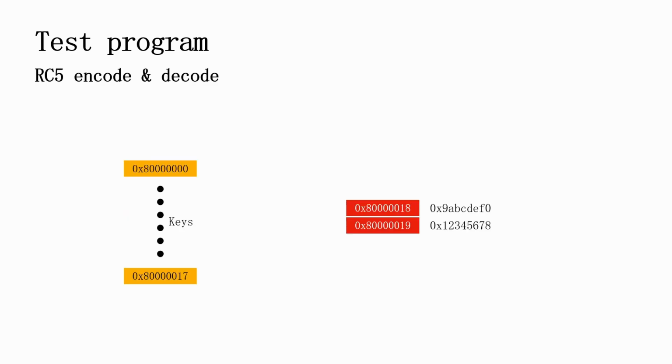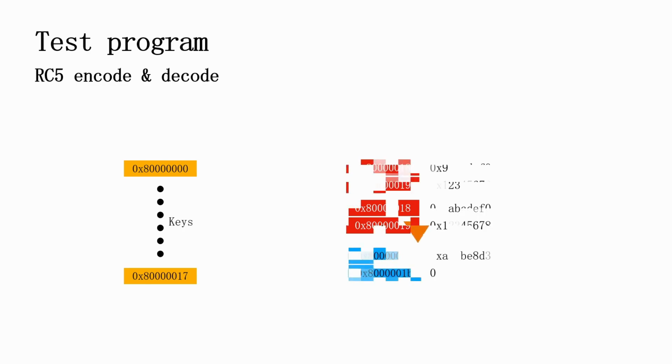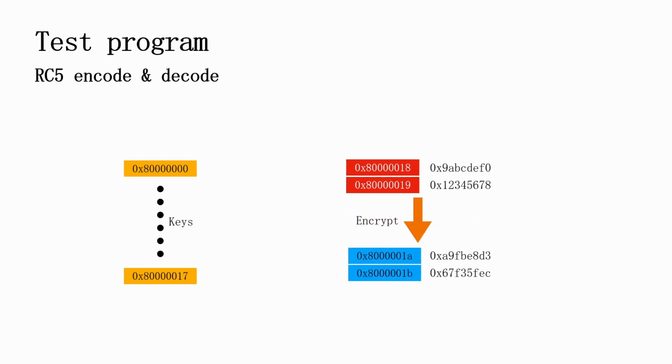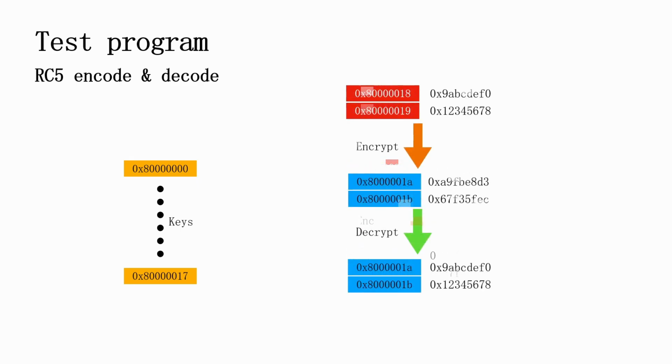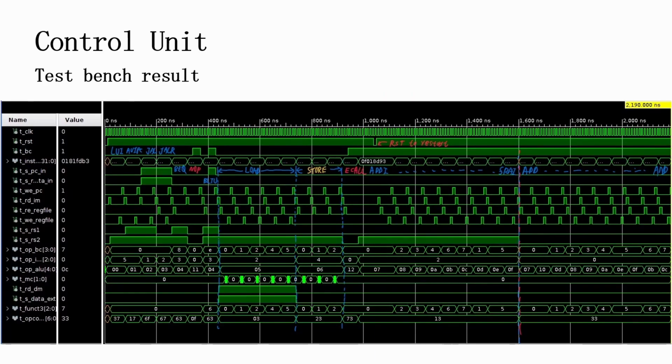We store SKs in the memory and store two values in the memory as the input of the RC5 program, which is 64 bits. Then it will encrypt first, and then decrypt it back. By these two programs, we have tested all kinds of instructions, including shift, branch, load, store, and so on. And this is an overview of our test bench result.